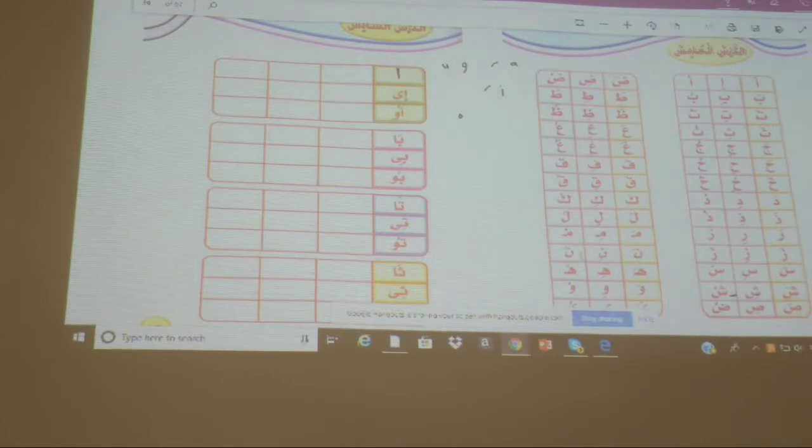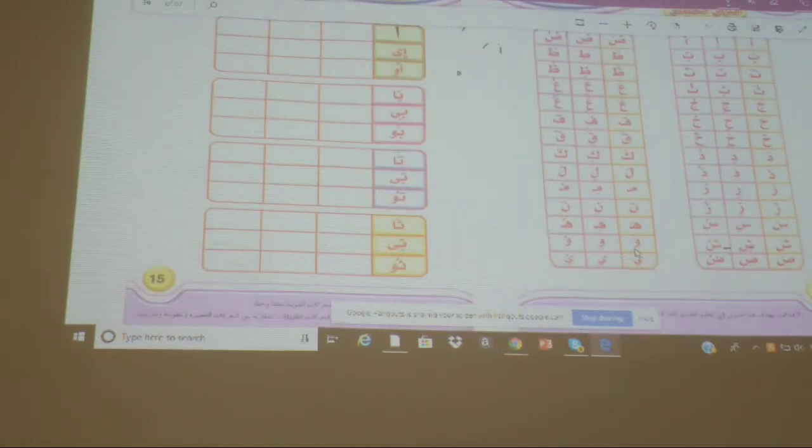The next one, ha, he, hu. The next two, the last two, wa, we, wu. The next one, ya, ye, yu. Okay. So now we will go to the long vowels.